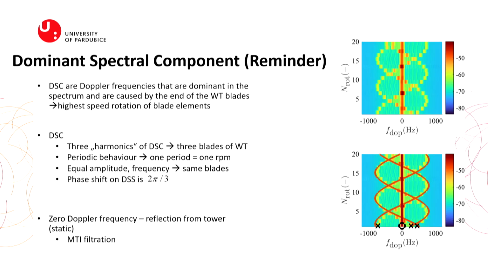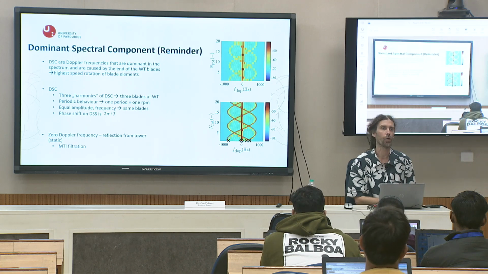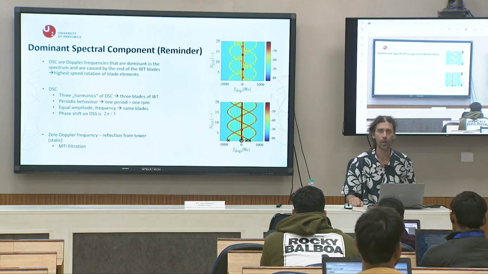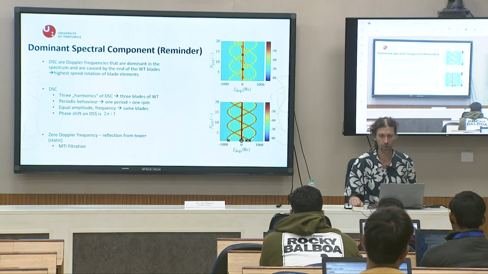Next is the dominant spectral component. The dominant spectral component is caused by the blade tips with the highest tangential speed. I think this is clear, we already presented it. This behavior, because the rotation speed is periodic or quasi-periodic during changes of wind turbine rotation, is of course a quasi-periodic process.